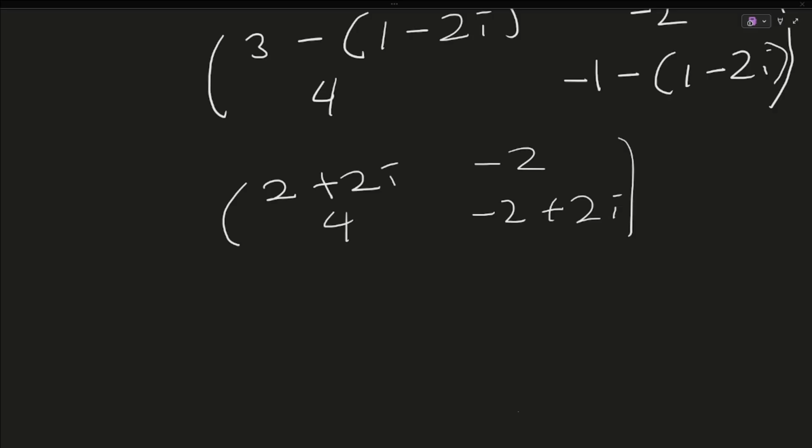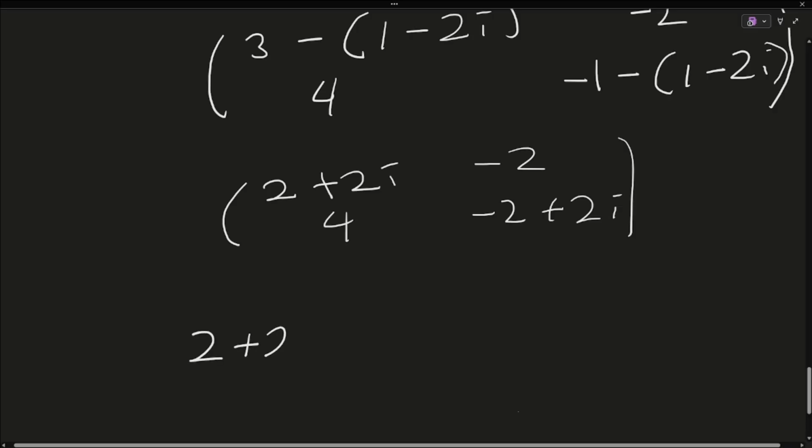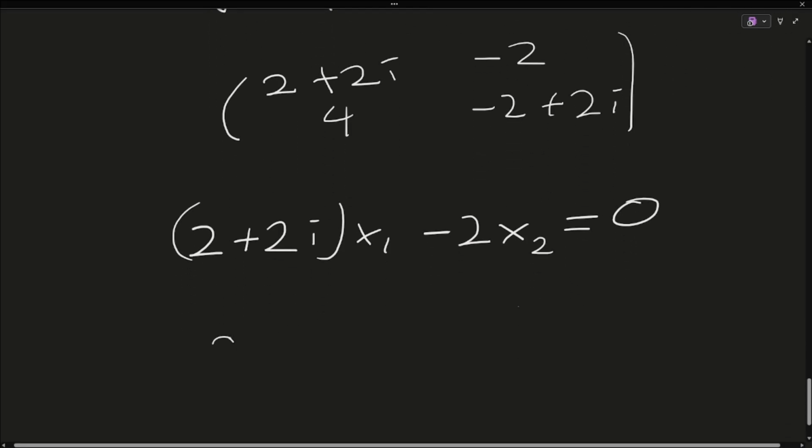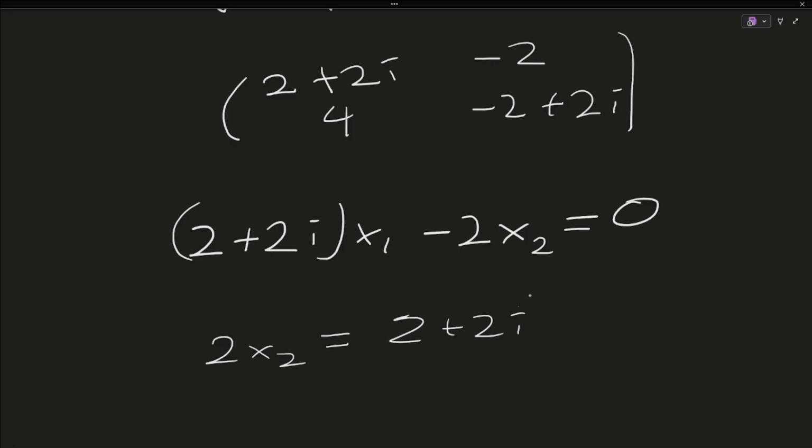So let's go ahead and find our second eigenvector. So this will be our constant for x1 minus x2 equals 0. And then 2x2 will be equal to 2 plus 2i multiplied with x1.